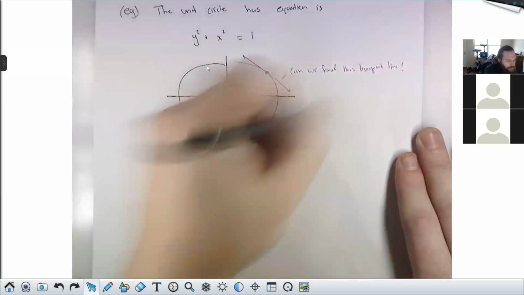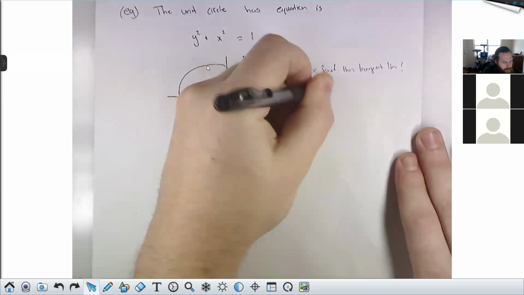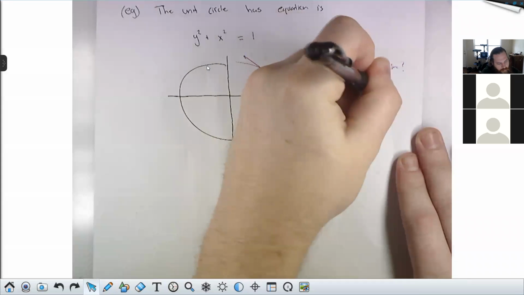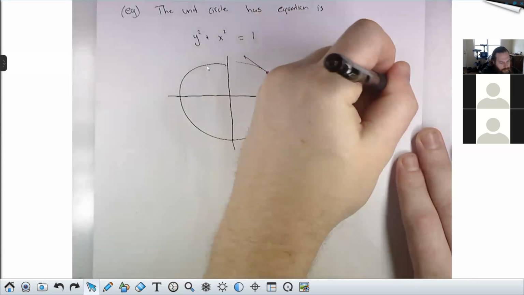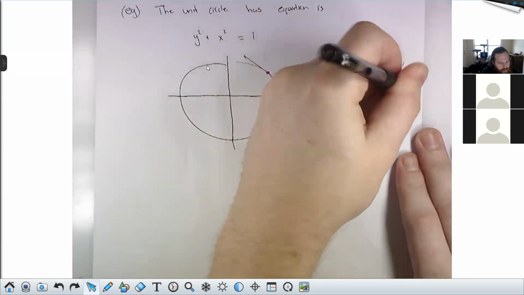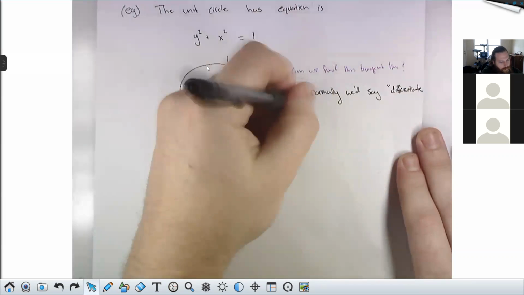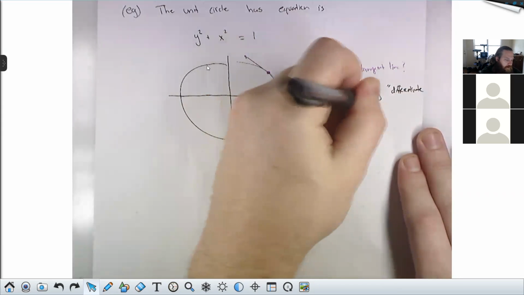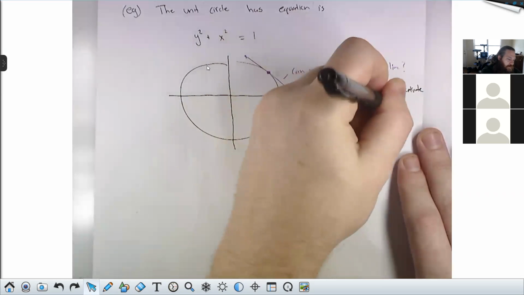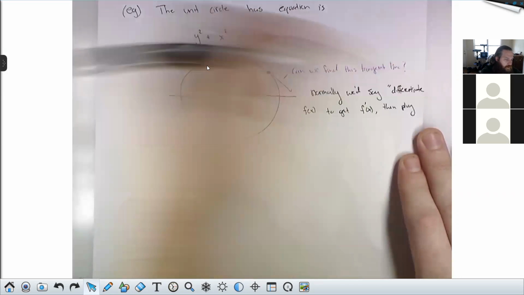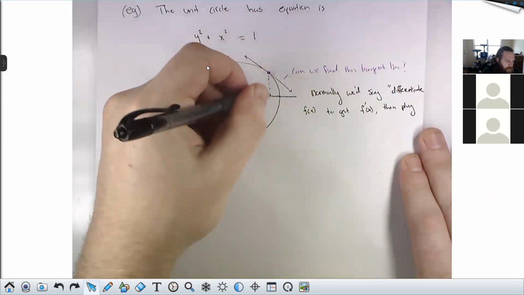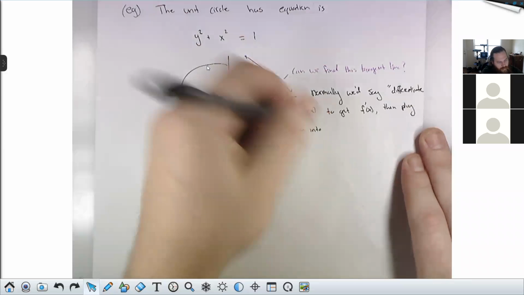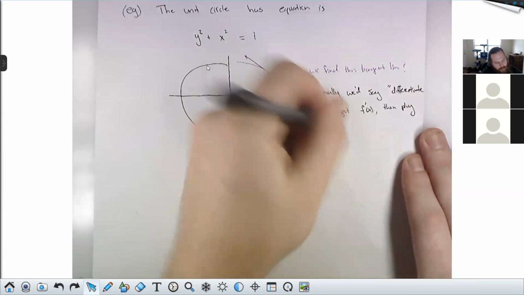Normally, we'd say, differentiate f of x to get f primed of x, then plug whatever this x value is here, I'll call it a, into f primed of x for the slope.